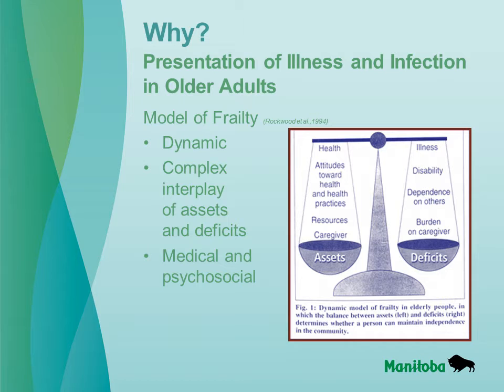Deficits include illness, disability, dependence on others, and burden on the caregiver. This model is dynamic and complex, involving an interplay of assets and deficits, and it incorporates a holistic concept of health that includes medical and psychosocial perspectives.